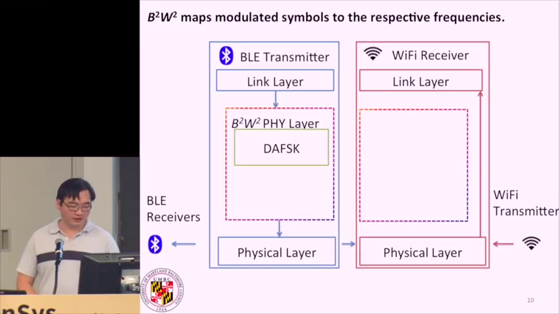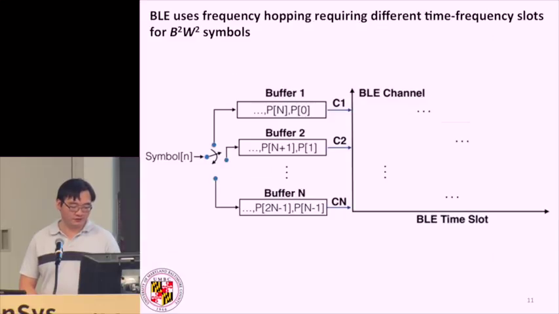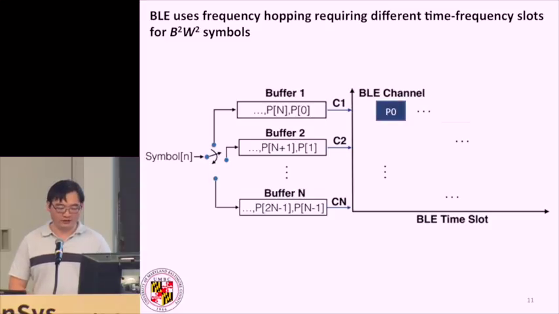After the modulation scheme, we of course map this to different frequencies because BLE is frequency hopping. So I'll just talk briefly about the symbol mapper. It's basically a buffer and a switch. The buffer identifies what power level is being transmitted.